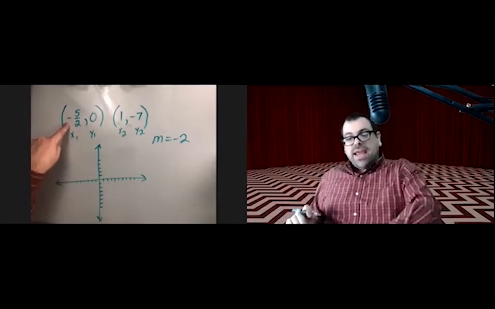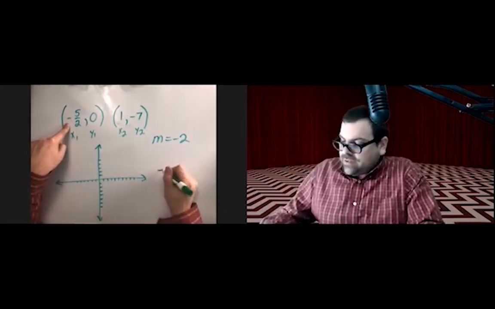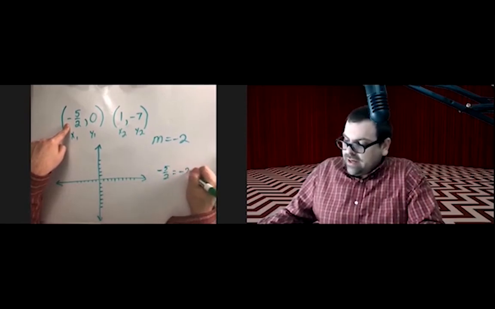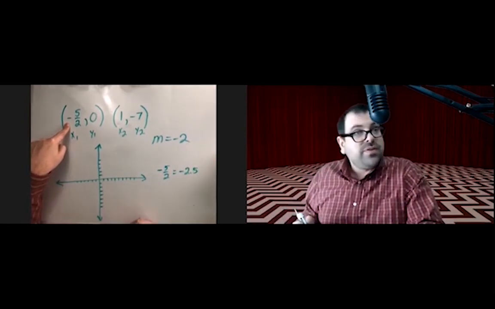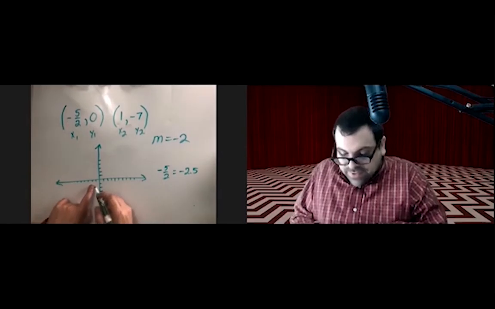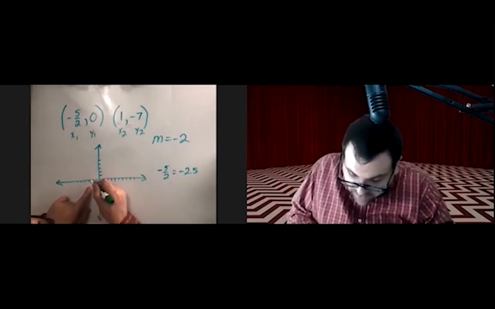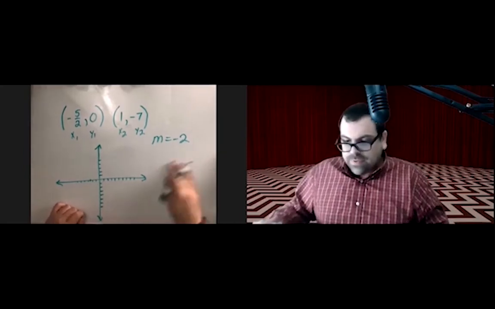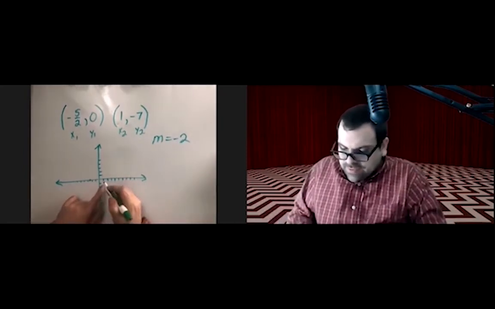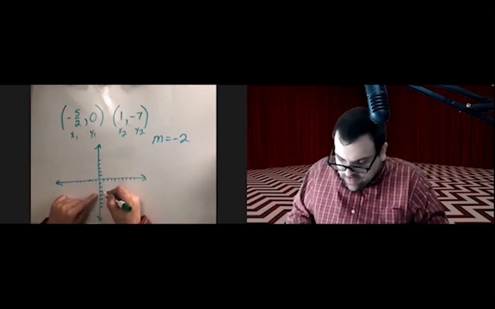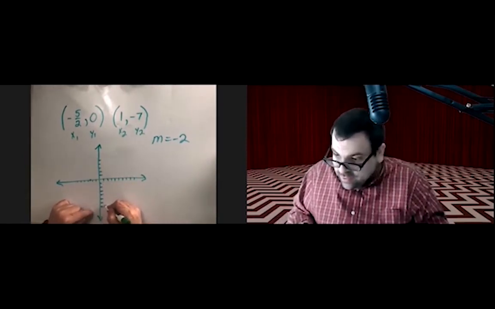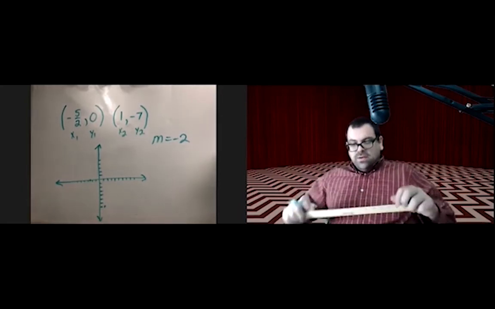If we plotted -5/2, which by the way is -2.5, so an x of -2.5 and a y of 0 would be right there. An x of 1 and a y of -7 would be there.